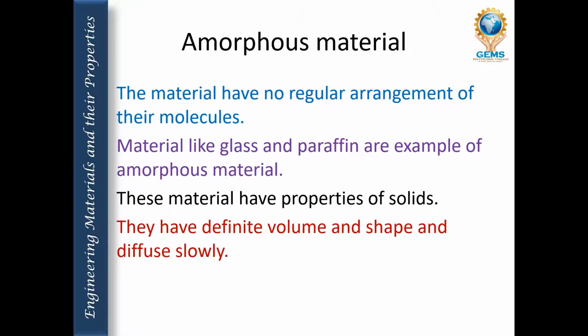Unlike a crystalline solid, an amorphous solid lacks an ordered internal structure. Some examples of amorphous solids include rubber, plastics, and gels. Glass is a very important amorphous solid that is made by cooling a mixture of materials in such a way that it does not crystallize. So it will not go to crystalline.